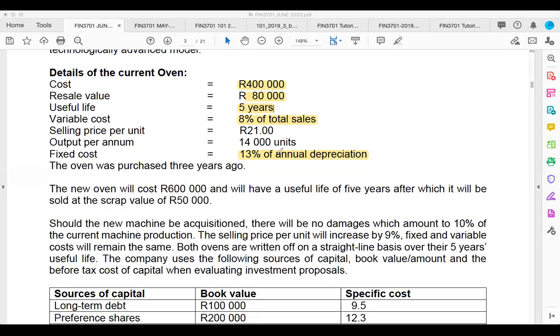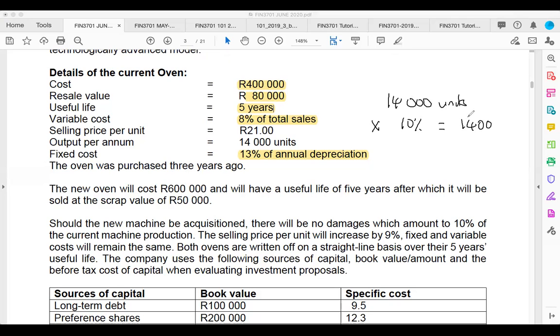Okay, so to account for these damages, currently the company is producing 14,000 units. This is the current number of units being produced. So if the new machine is purchased, this 14,000 is going to increase by 10% because we've been told currently we have damages which amount to 10% of the current output.